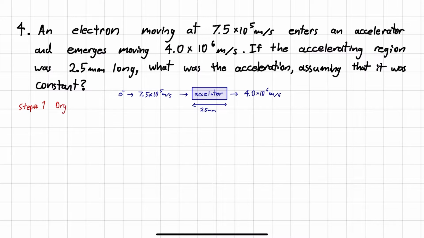That is to organize our variables. So what do we have? We have an electron moving 7.5 times 10 to the 5 meters per second. That is our V1. It's our initial velocity.